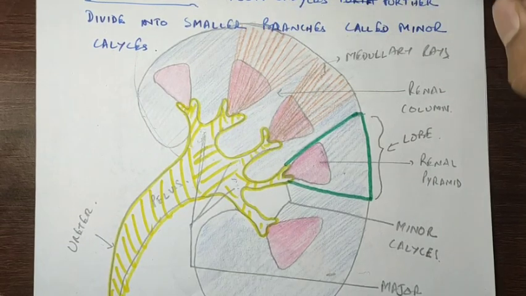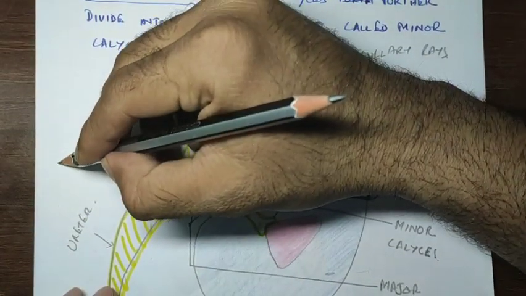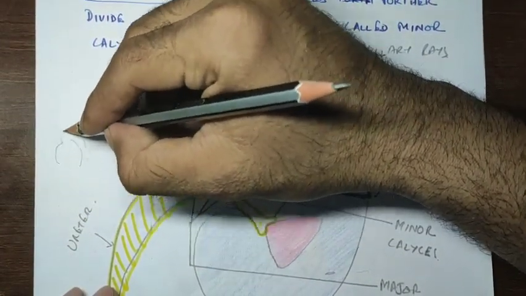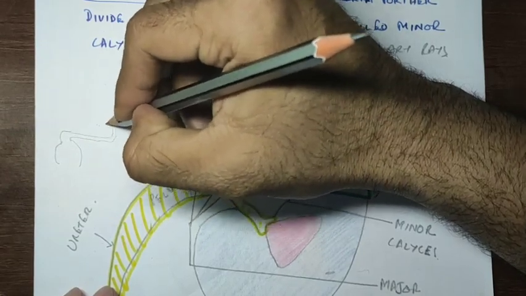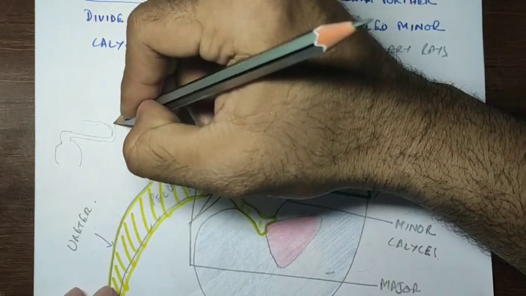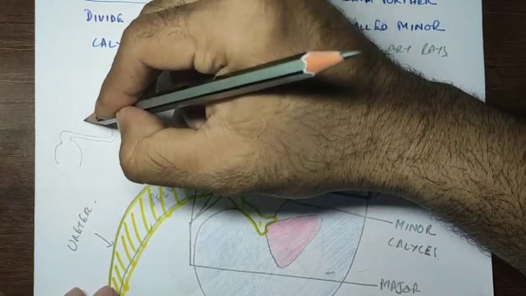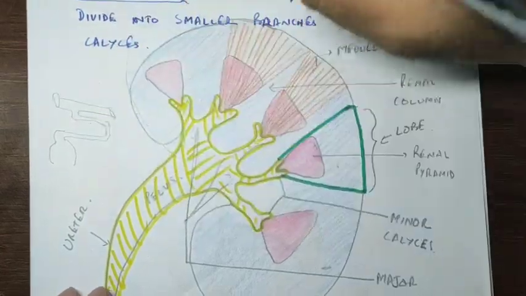So if you remember, a nephron will have a Bowman's capsule, then a proximal convoluted tubule, then a loop of Henle, then a distal convoluted tubule, and then it will go into the collecting tubule.